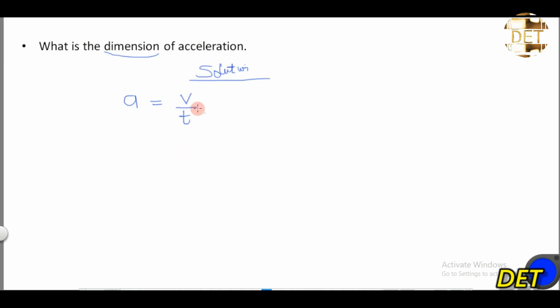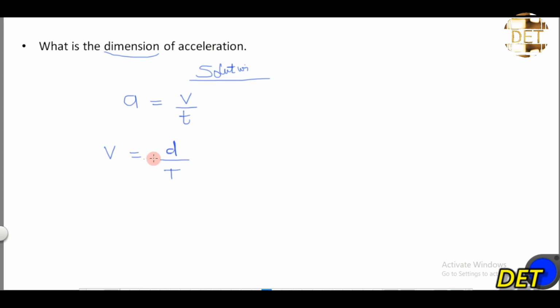So whatever you're going to have as your answer must be in fundamental quantities, right? So velocity is equal to displacement all over time, right? Displacement is a fundamental quantity, and it's length itself. Time is a fundamental quantity.